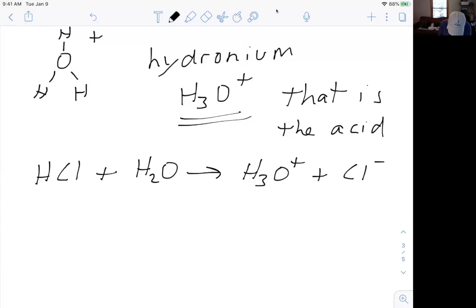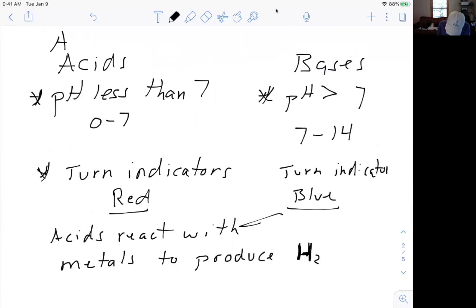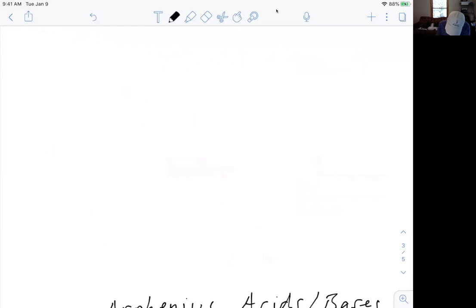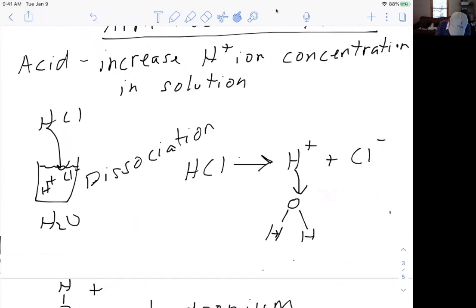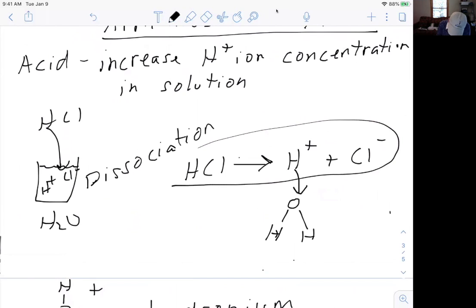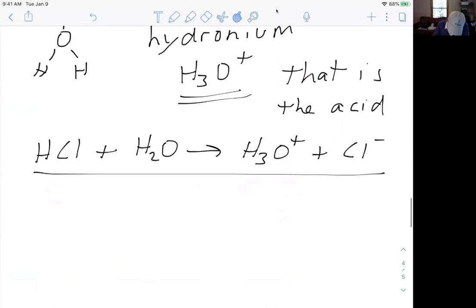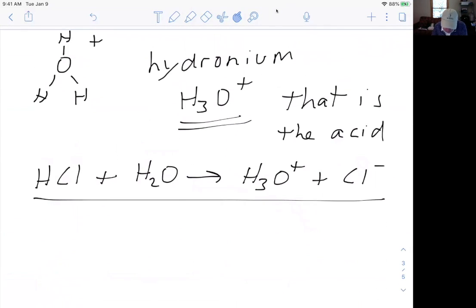So I will accept this as the acid breaking apart, or I will accept this equation right here. I'll take either one of those. I'll take the one that I circled there, or I will take this one that's underlined here.